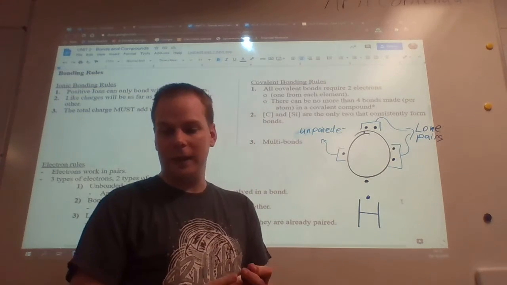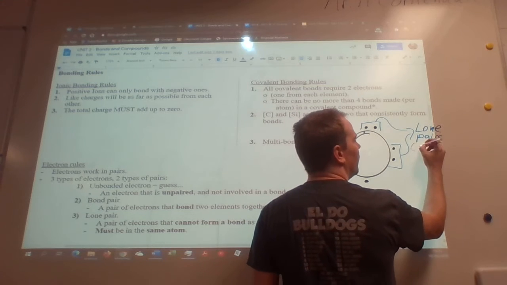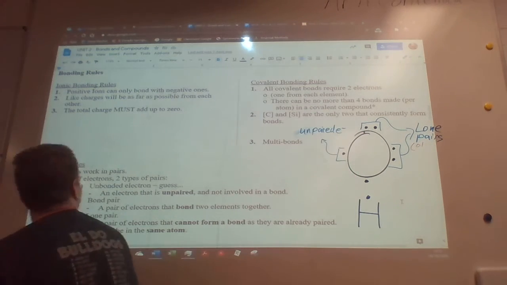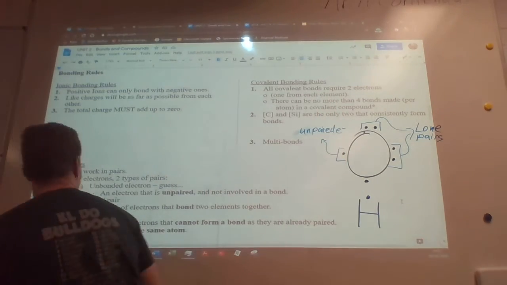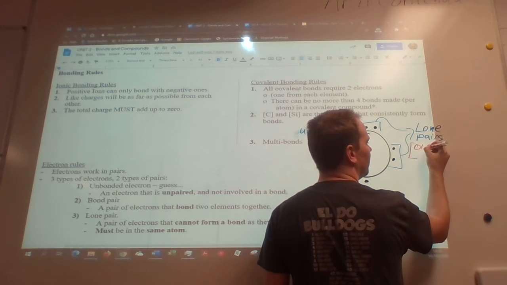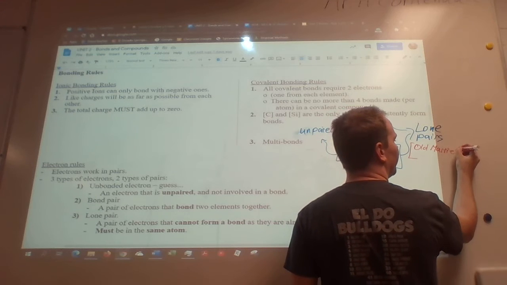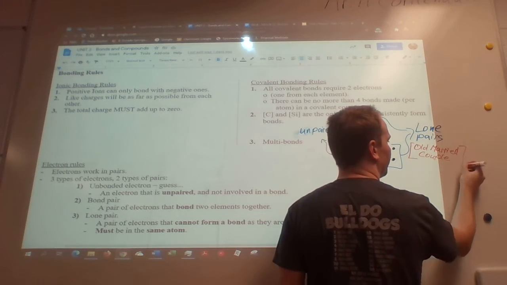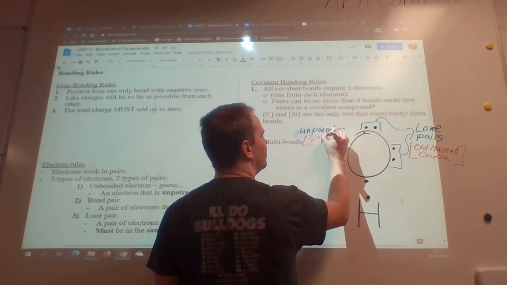Unpaired electrons are single electrons. So these are our old married couple, and these ones are single.